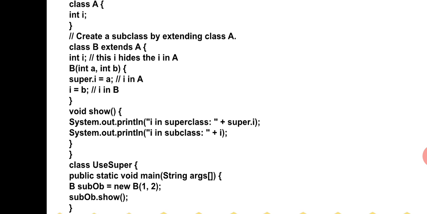Now inside class B again you have int I, isn't it? It is an ambiguity, because class A also has int I, and class B also has int I. Now how exactly will the program work here?